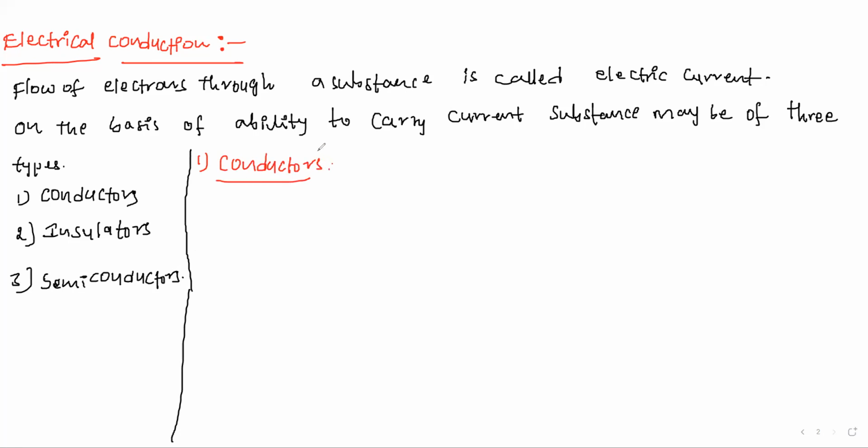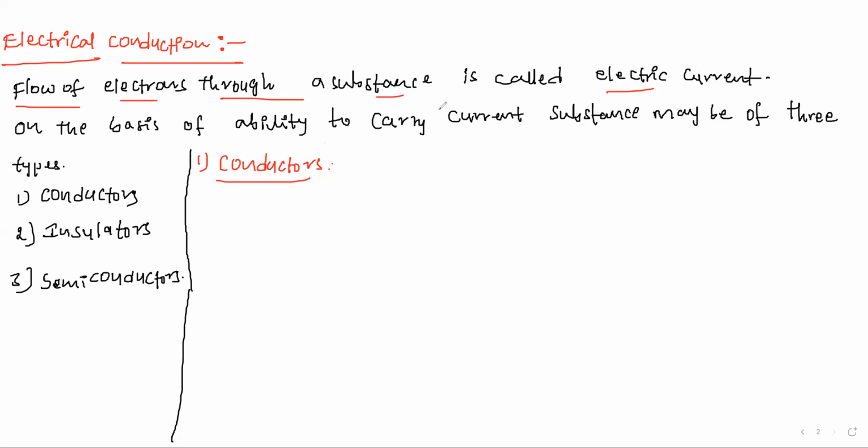Simple. Electrical conduction is nothing but the flow of electrons through a substance, which is called electric current. Electric conduction or electric current, both are the same.